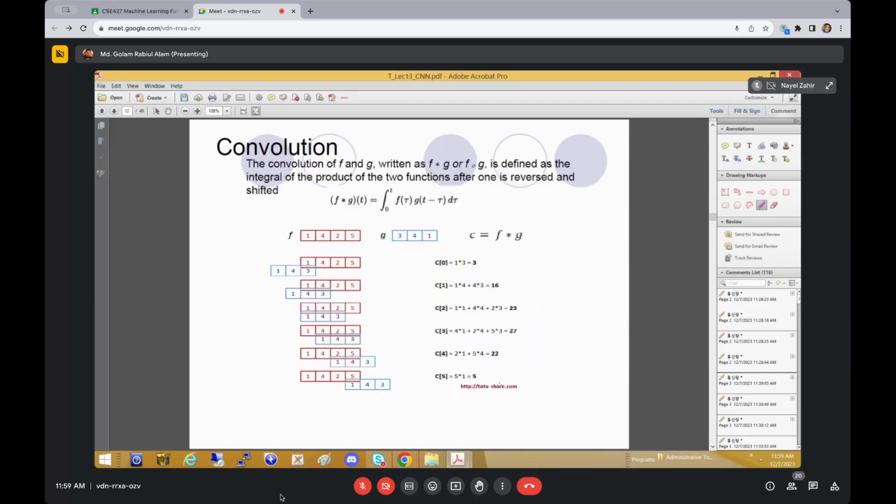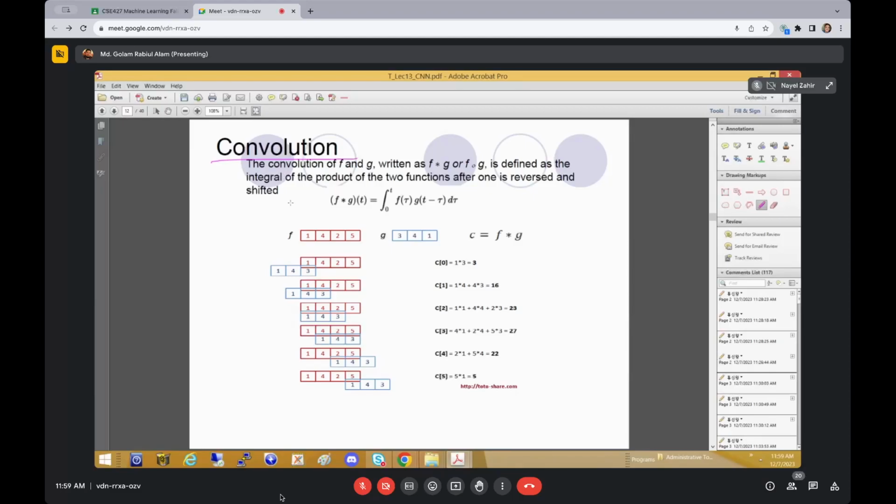Now we have to think about the convolution operation. We can perform convolution on one-dimensional, two-dimensional, or three-dimensional features.